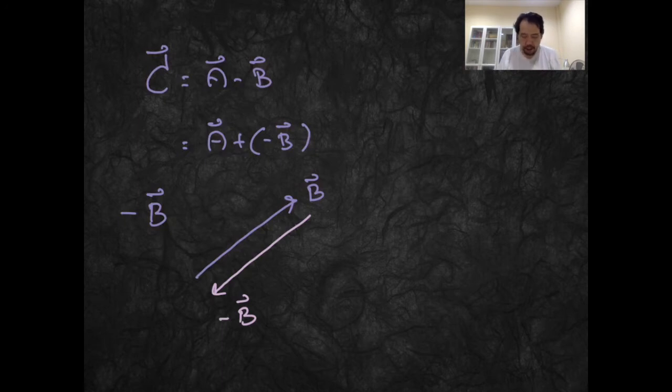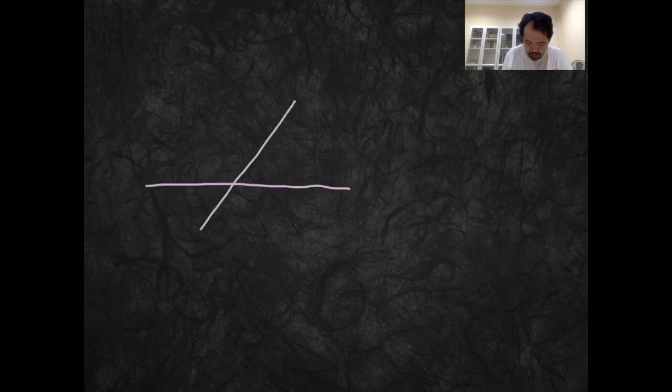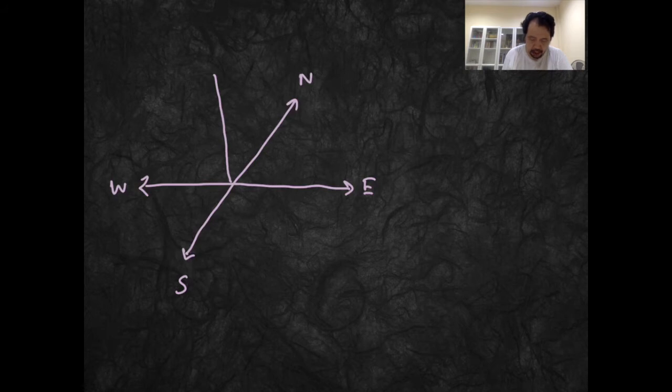Okay, so let's solve the problem. First, we will draw the axes. Okay, we may have this as north, east, south, west, and the vertical axis as the altitude, or elevation.